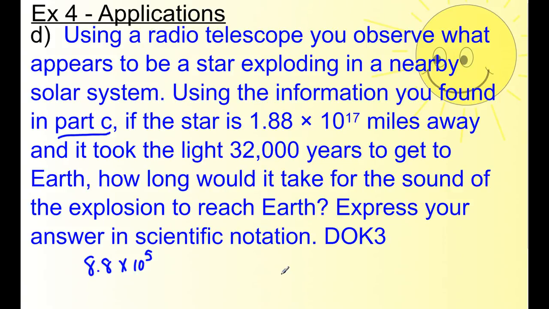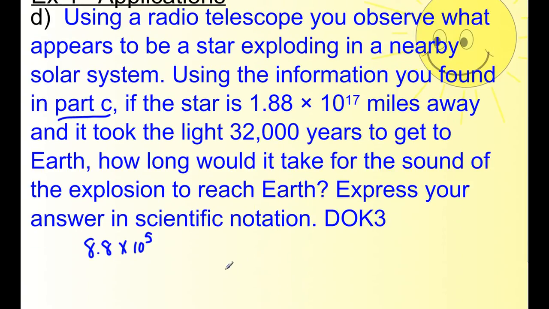Alright, so what makes this problem more difficult, I believe, to DOK3 is the understanding of the scenario. So here's Earth. Here's this other star. Earth looks pretty bad. I'll just fill it in. We're the water planet after all. There you go. Earth, star.